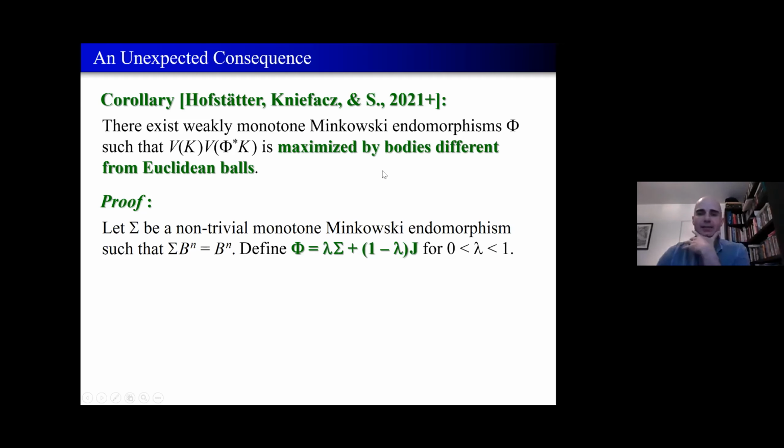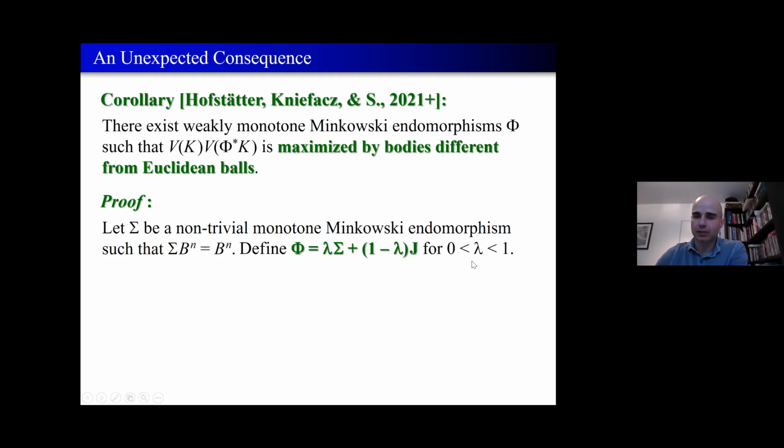And now we define the map capital phi, for which we claim the volume product will be maximized by bodies different from balls, as follows. We take a convex combination of this sigma and the modified identity map, which was the one that yielded this unbounded volume product.